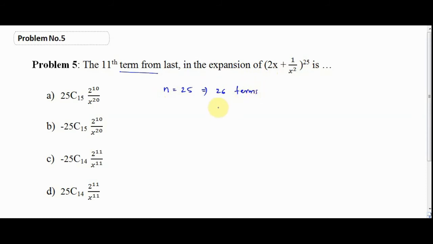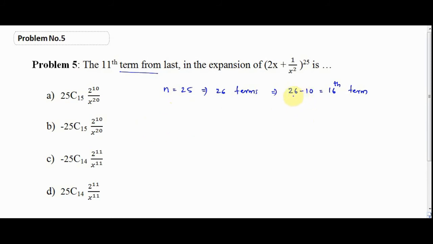The 11th term from last can be calculated by finding 26 minus 10, that is 16. So it will be the 16th term which will be the 11th term from last. You have to count from the 26th term backward.